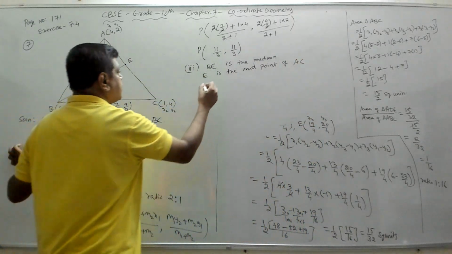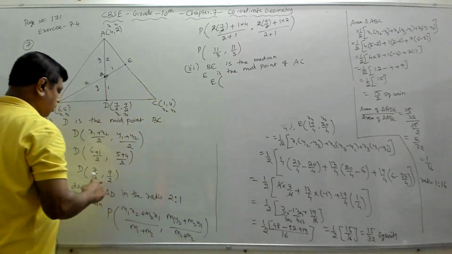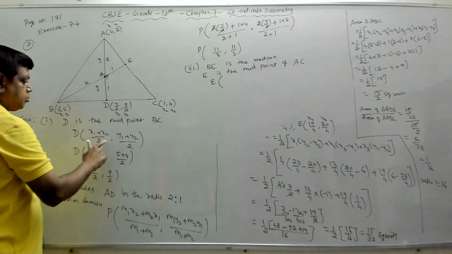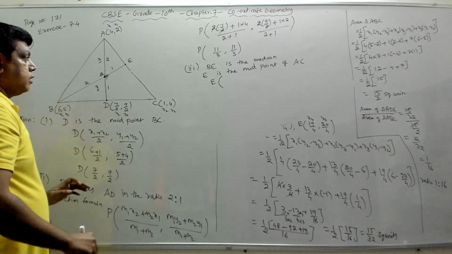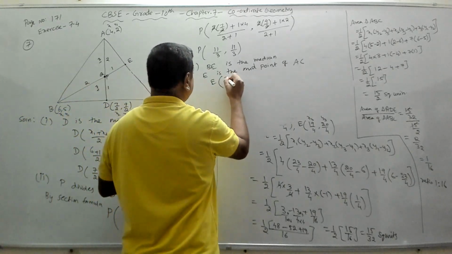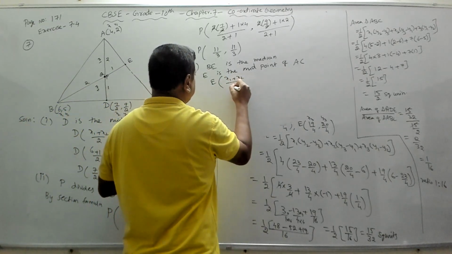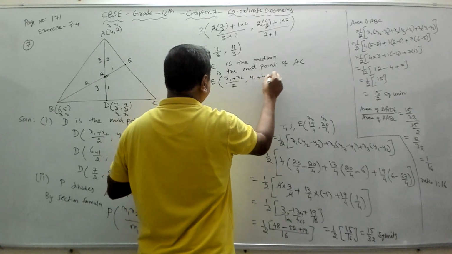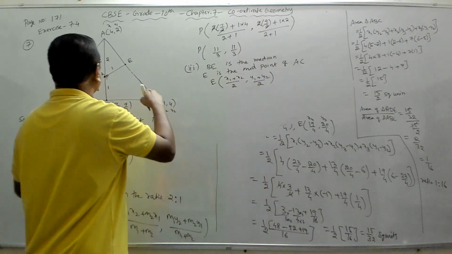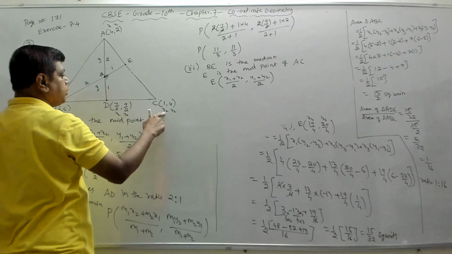So our E is given by the midpoint formula. What does the midpoint formula say? x1 plus x2 by 2, y1 plus y2 by 2. Right? So here we must take this as x1, y1, and this should be x2, y2.